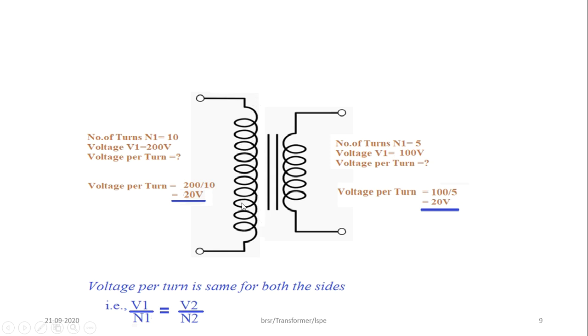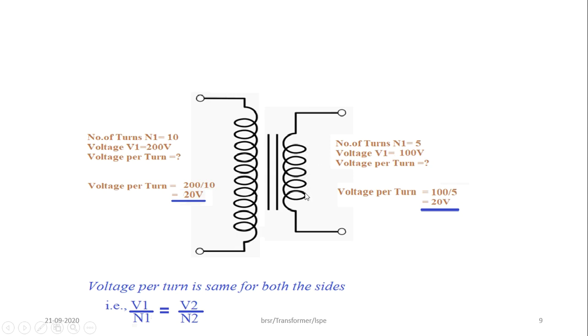Suppose you are given the number of turns on the primary side and the voltage is given as 200, and suppose I ask what is the voltage on the secondary side. If we have only 3 turns, you can obviously say that it is 3 into 20, which is 60 volts.